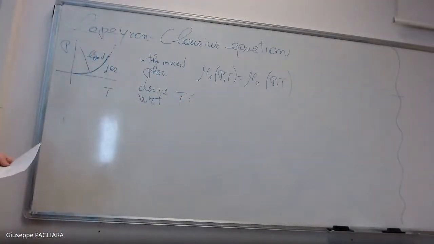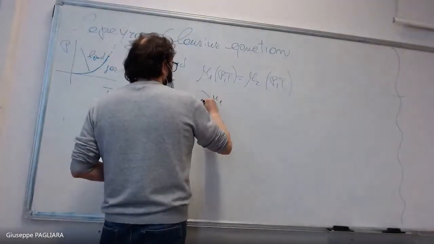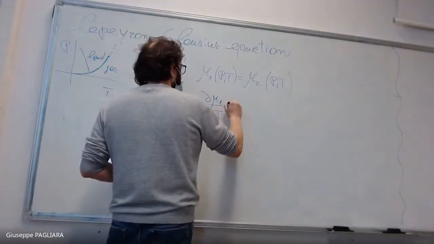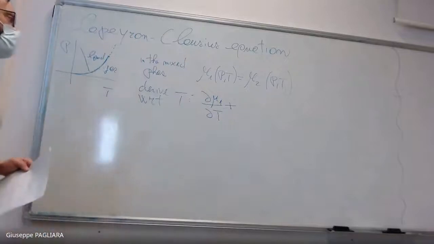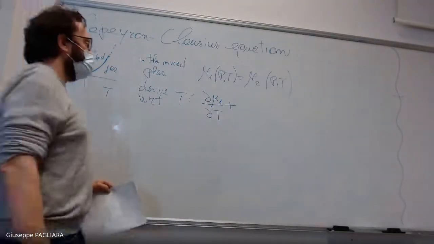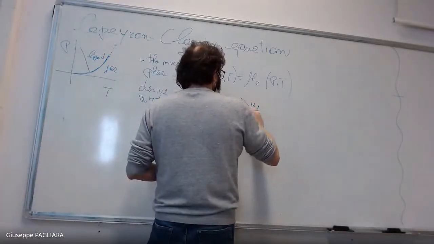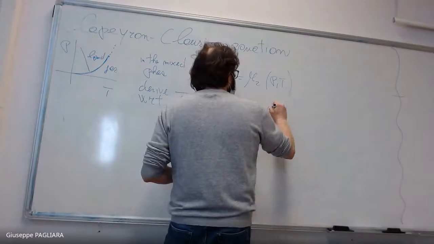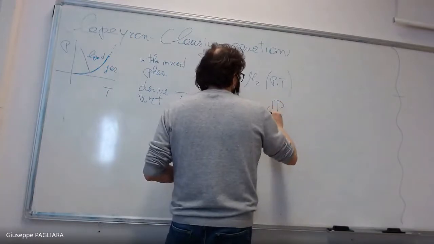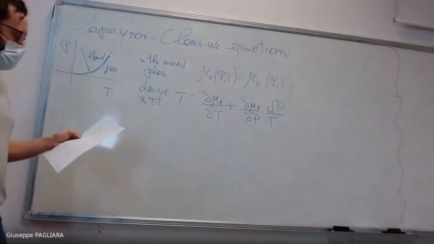So I will have the partial derivative of mu1 with respect to temperature plus the derivative of mu1 with respect to pressure times the derivative of pressure with respect to T. Now we'll comment on that in just a moment.